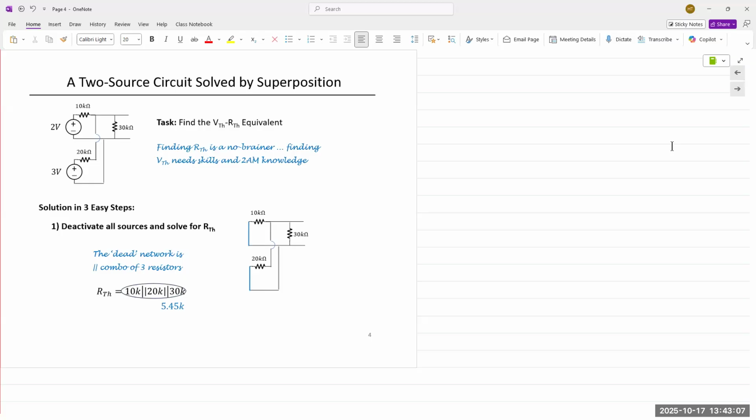So superposition applies to linear circuits with linear components.